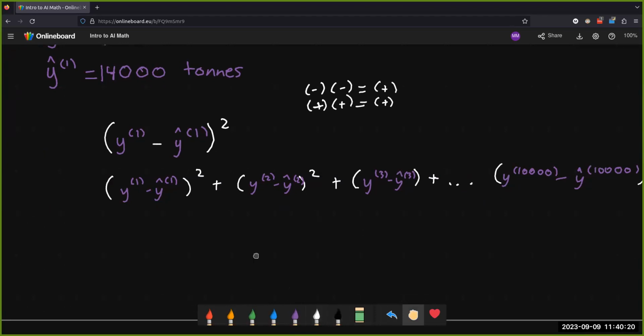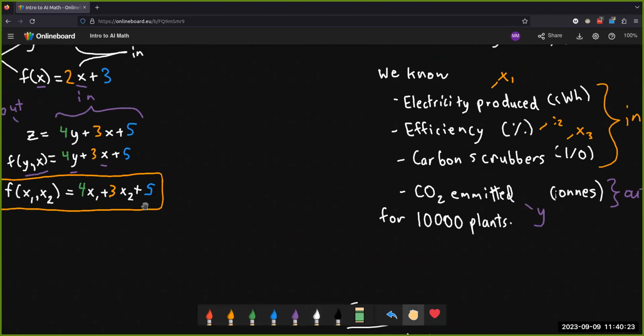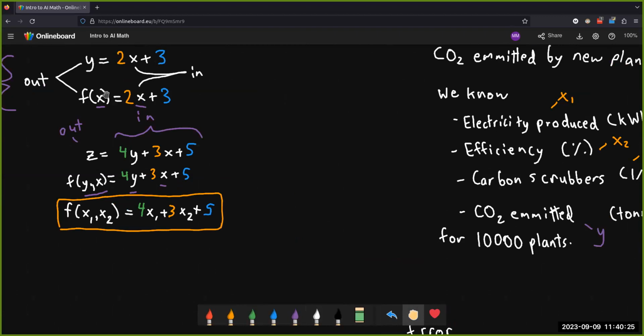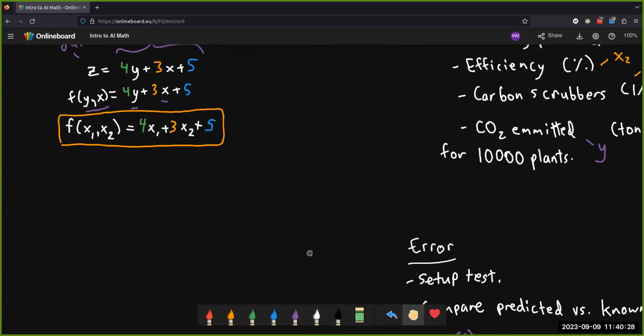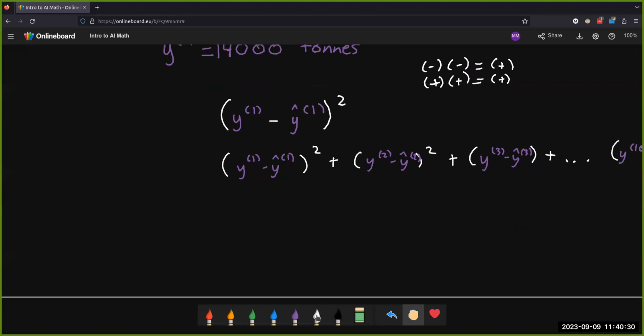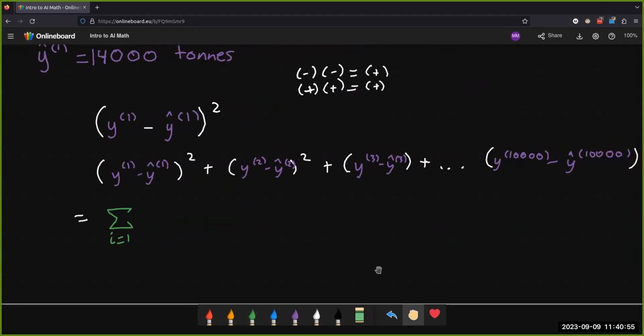Again, just a notational difference, just like this f of x notation and y, these are just notational differences that mean the same thing. We can write a shorthand that is the same. The shorthand is this Greek symbol called capital sigma. I will write an i, which is just a variable, just like y is a variable, y hat is a variable. i starts at 1, and i goes up to 10,000.